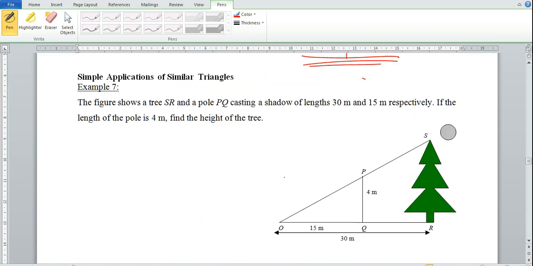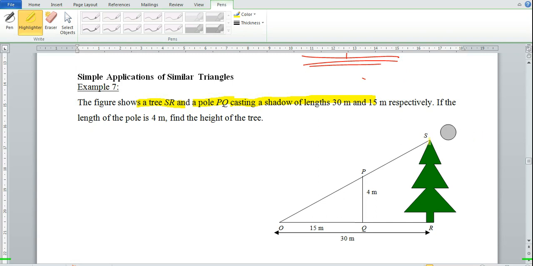Let's look at the final example 7 for similar triangles. In this question, this is how people can measure the height of tall objects, based on shadows cast by the sun, with an object that is known in front.